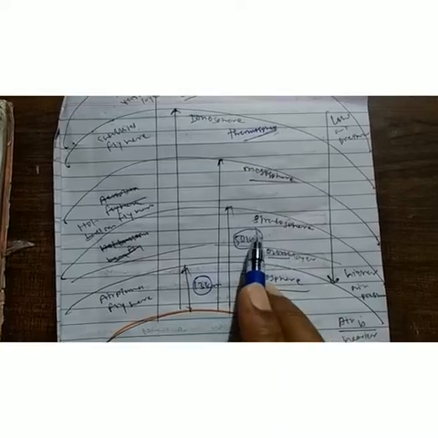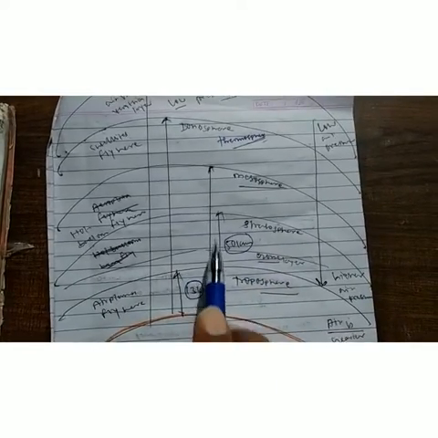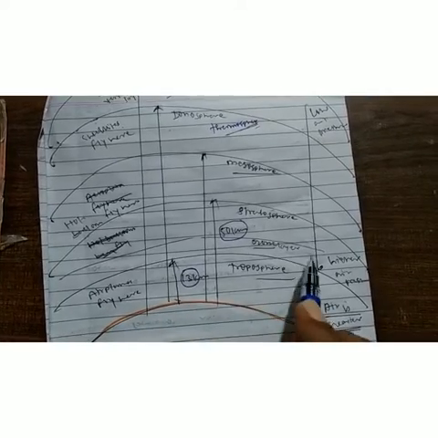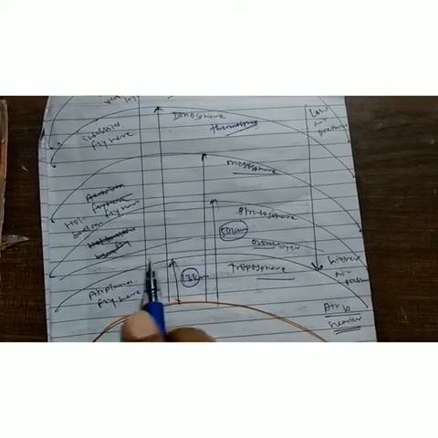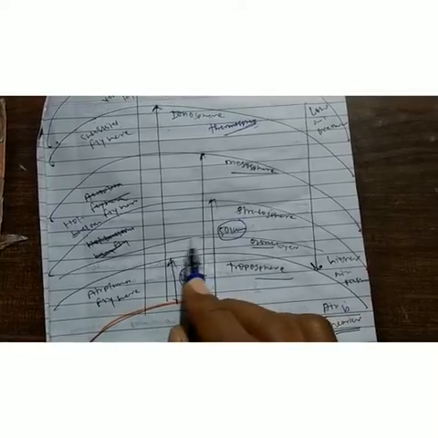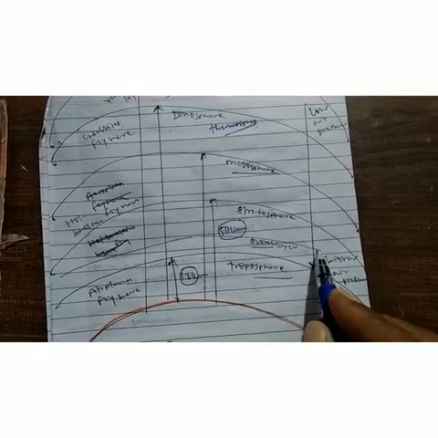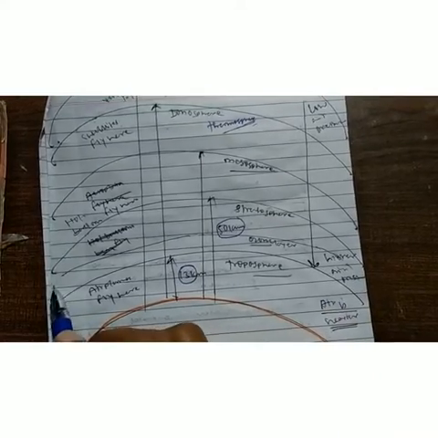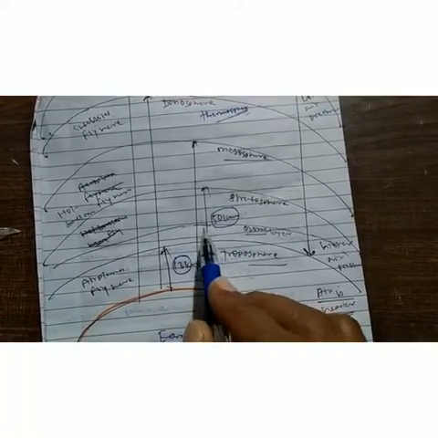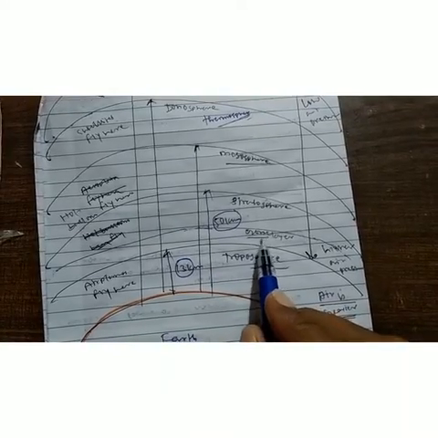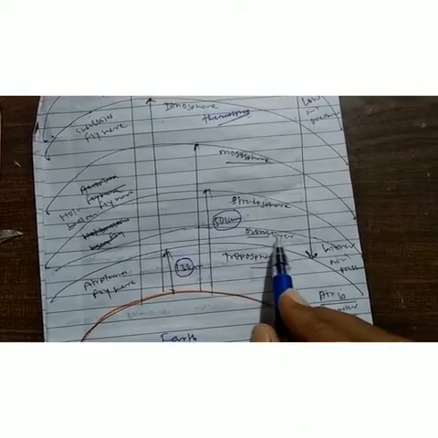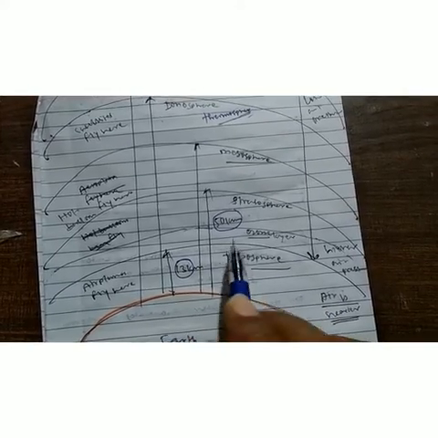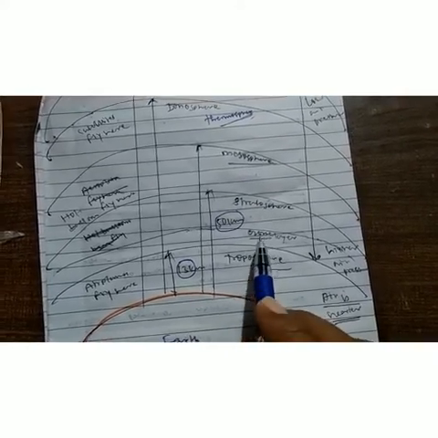The stratosphere is also important, because on its lower side is the ozone layer, and the ozone layer plays a very important role. It absorbs the ultraviolet rays emitted from the sun, so they do not fall directly on the earth. Ultraviolet rays are absorbed by the ozone layer, and in this way all the living things on the earth are protected by the ozone layer.